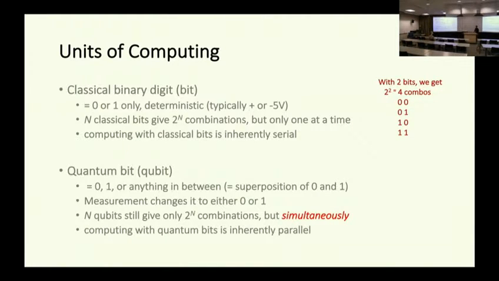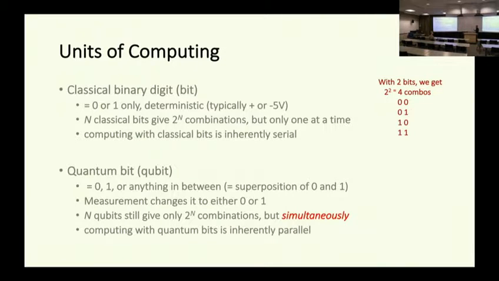Whereas a quantum bit, also known as a qubit, can be 0, 1, and can be anything in between, all infinity of different values. But when you measure it, then it becomes, again, just like with the socks and the balls, 0 or 1. So n qubits still give you only 2 to the n combinations, because when you measure, you're going back to the classical binary digit.